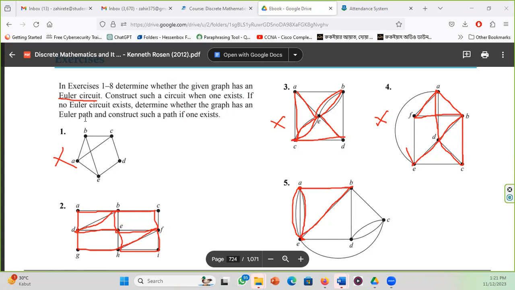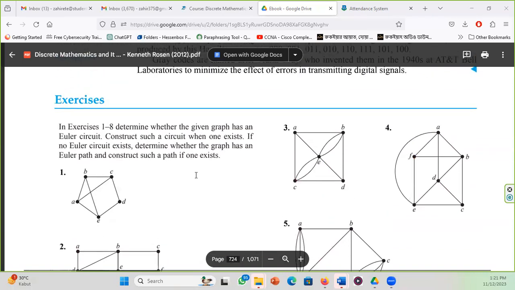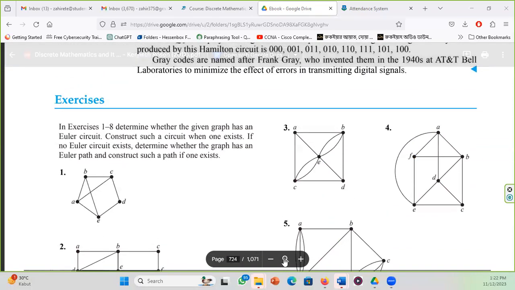Okay, I'm giving you some tasks: write page 724 of the book.